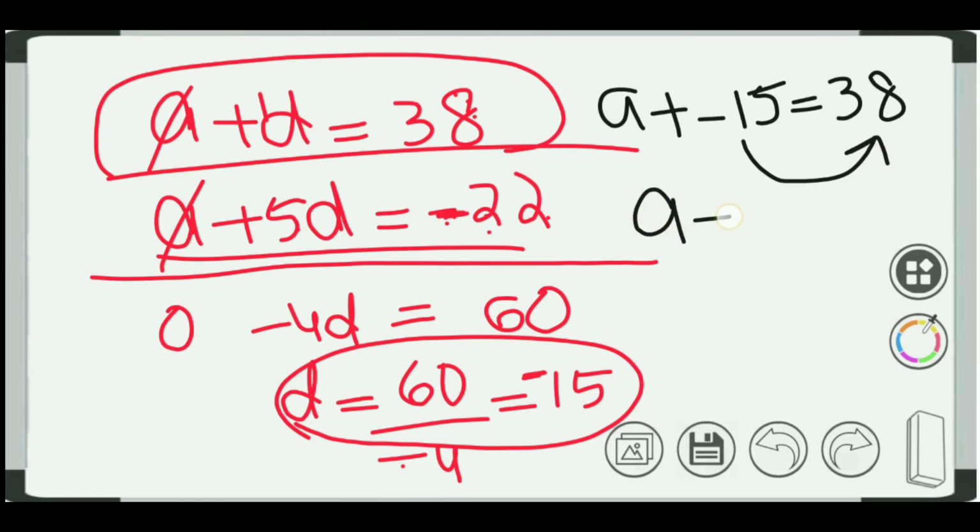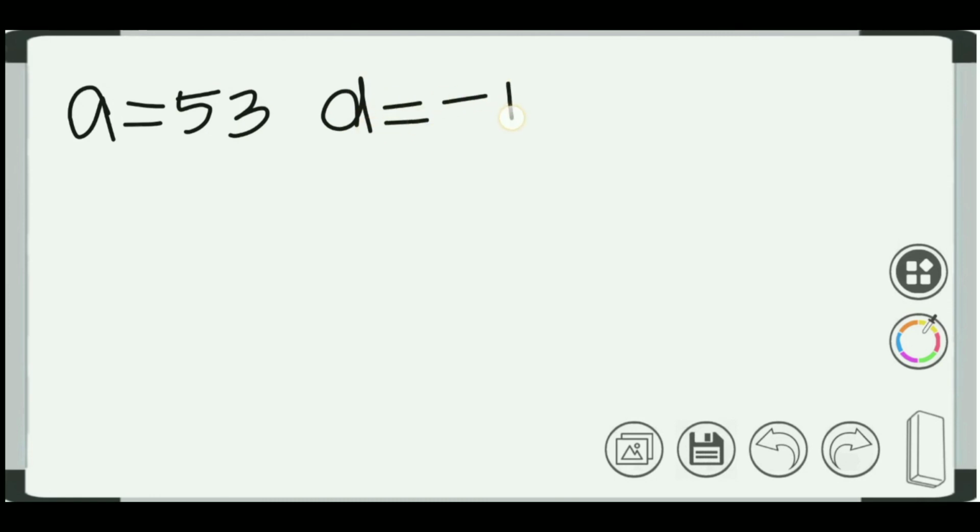A is equal to 38 plus 15. Okay, what is 38 plus 15? 53. So you got the value of A as 53, D as minus 15. Now you have the value of both A and D. A is equal to 53, D is equal to minus 15.